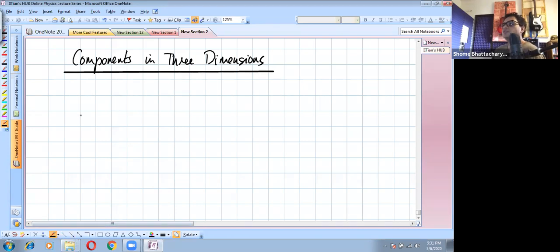So for this, the first thing we have to understand is what we call a rectangular or Cartesian three-dimensional coordinate frame.